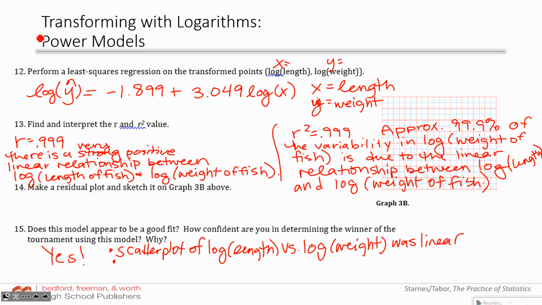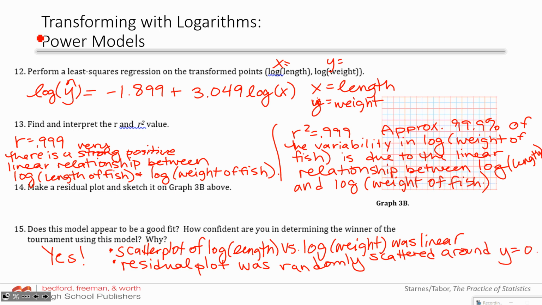The second reason was that the residual plot was randomly scattered around the line y equals 0. We also have an R and R squared that are really close to 1. So for all of those reasons, we think that this model is a good fit.